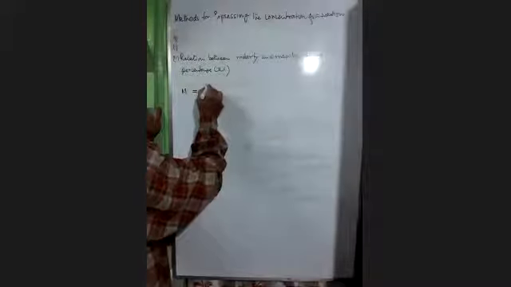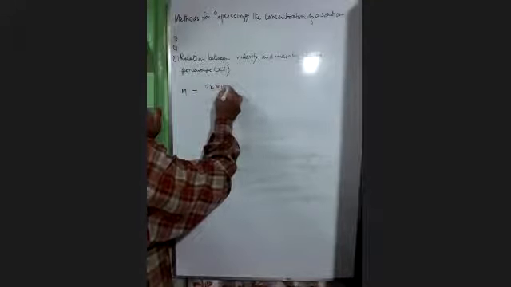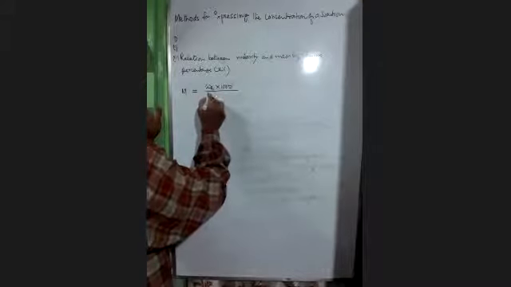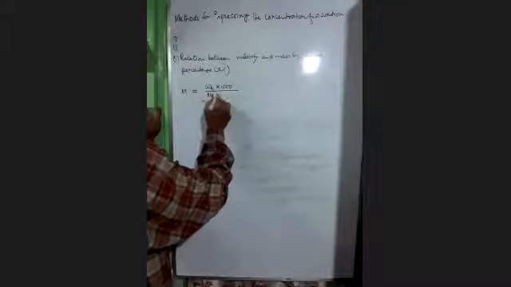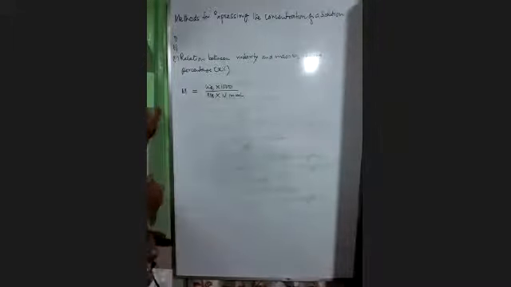So now we know M is equal to WB into 1000 by MB into V in ml.